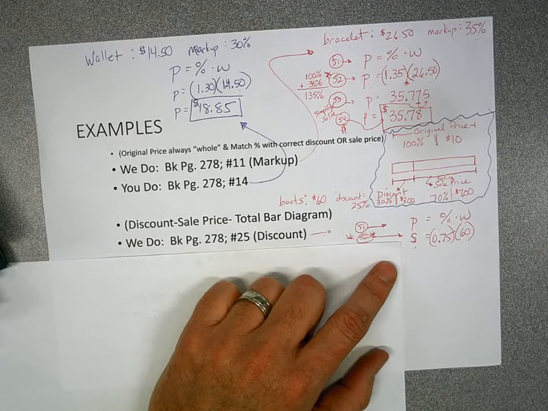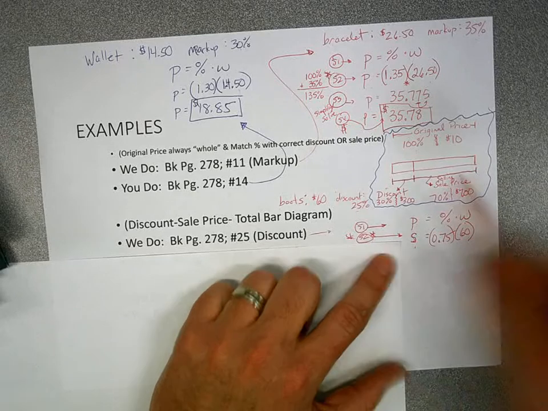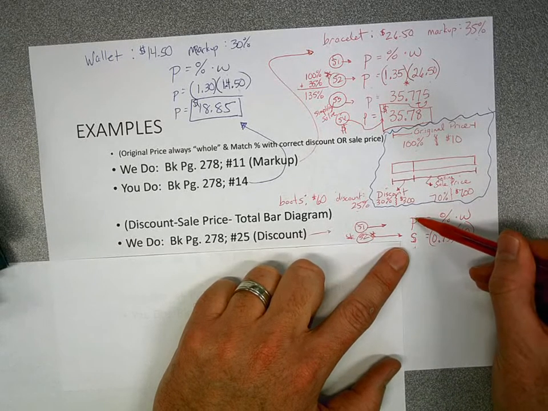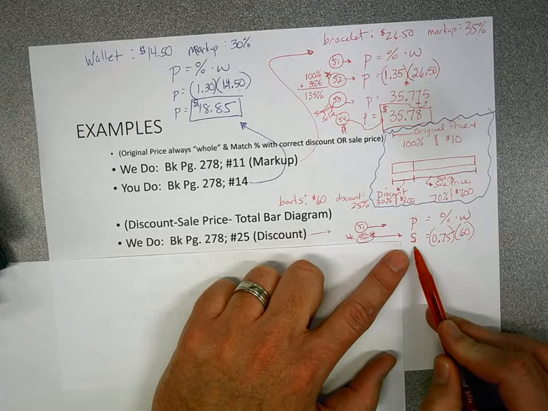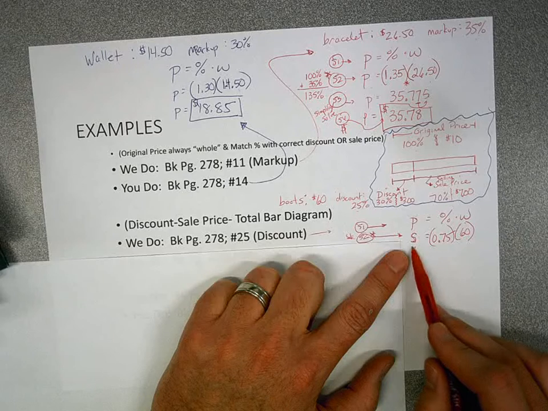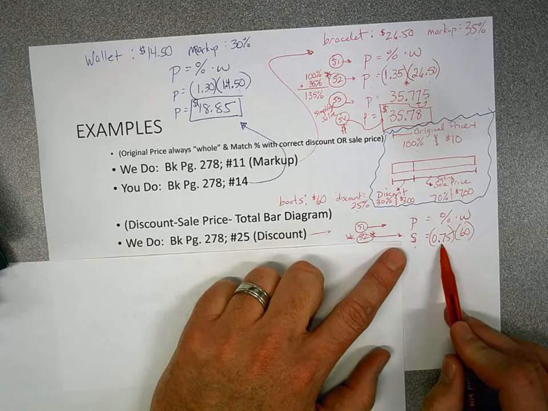So let me just quickly review that. The 2 stars are for a reason in our steps. 1, I'm going to change the P for the general part to what the part is that we're finding out. We're finding out the selling price or sale price. So if I plug in sale price here, there's your sale price percentage. I have to plug that in. That's the second star. Okay, so be careful of that.